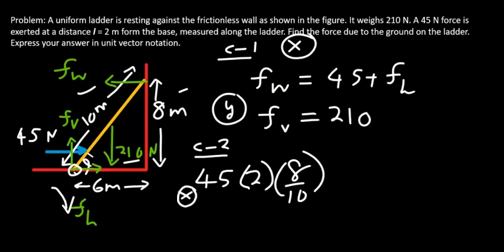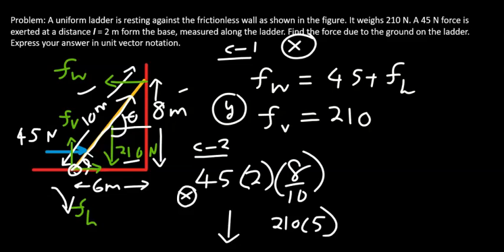Now let's calculate the torque due to the weight. The weight is heading this way, so that is 210. The distance from the axis of rotation to where the weight acts is half the ladder length, and that is 5 meters. The direction of that moment arm is along the ladder like that, and the angle is that angle. So sine of that angle is sine 90 plus theta.